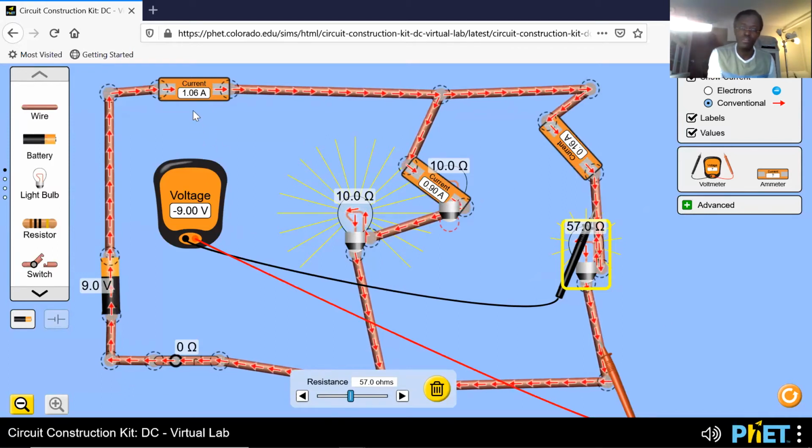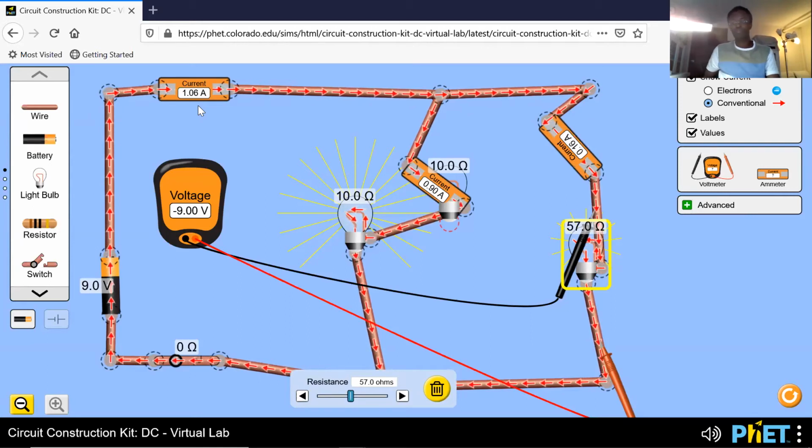You see, that's 1.06. The current is the sum of the two. Just like the current overall in the circuit is the sum of the two currents, the voltage in the series circuit overall is the sum of the voltages across the two resistors.